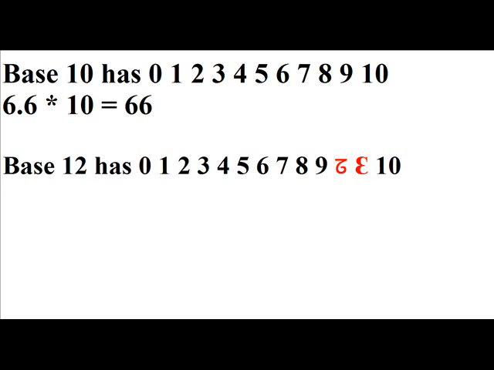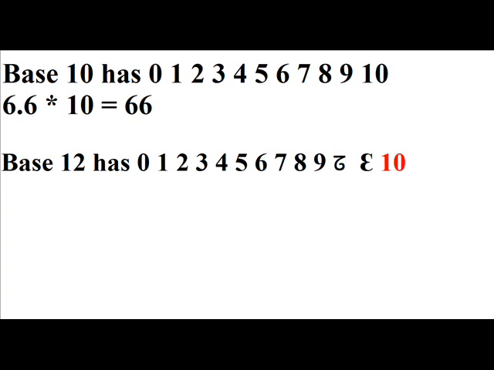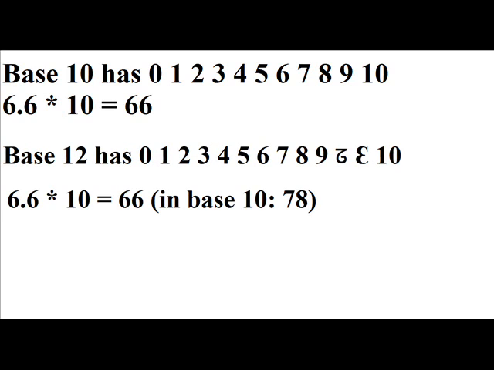Dec and L are special symbols which represent 10 and 11 respectively, symbol digits, and the 12 do is written as 10. In base 12, 6.6 times 10 equals 66. However, in base 10 value, that would be 78.